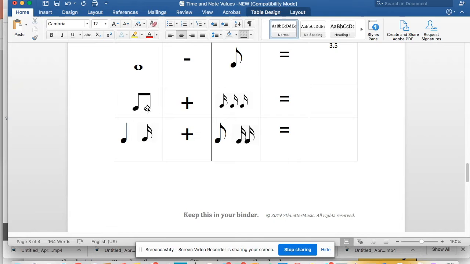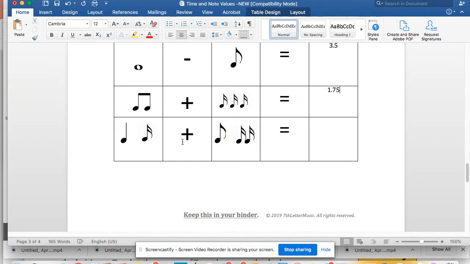We've got half, so 0.5 and 0.5. You could just go ahead and say this is 1, plus 0.25, 0.25, 0.25. 25, 50, 75, so 0.75. So we have 1.75. Note values matter.